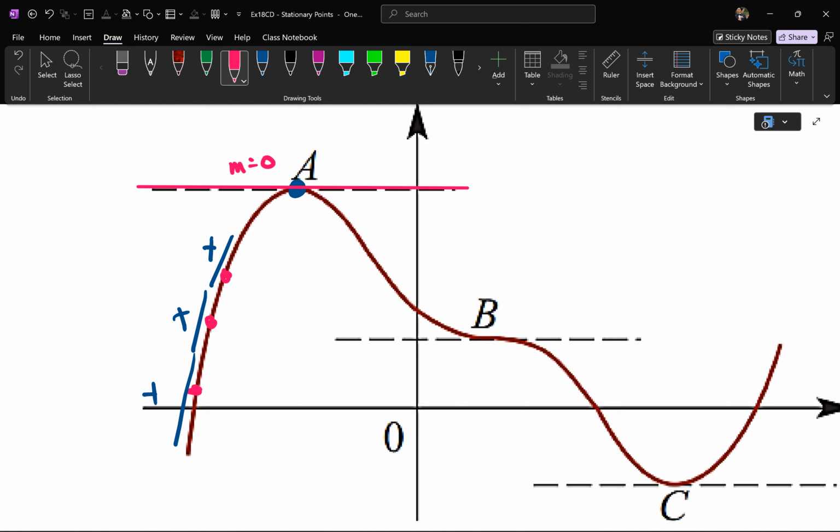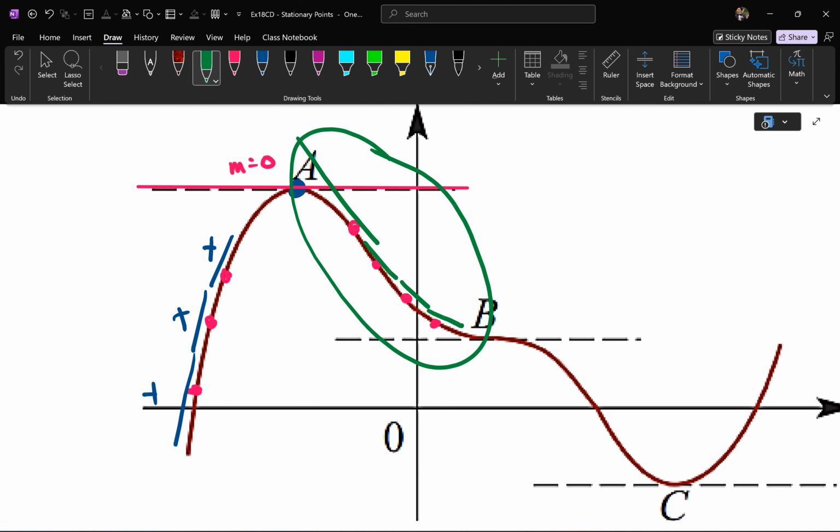But as soon as you pass A, if I picked another point over here, all these points here, even though I don't know what the gradient is, I can tell that each tangent line has a gradient sign of what sign?